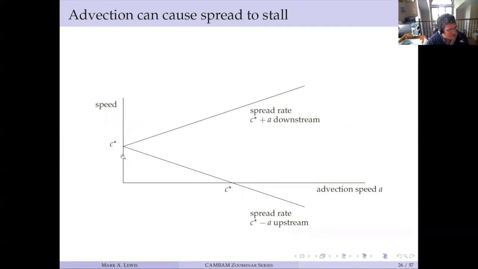In the upstream direction, it's a little bit different because we have a point exactly when the advection speed is the same as C star, where the upstream spread will stall and it'll no longer spread upstream. If the advection speed gets larger than that, the upstream spreading speed will be negative and it'll be shifting downstream. That would be like a washout case in the river where populations couldn't persist.